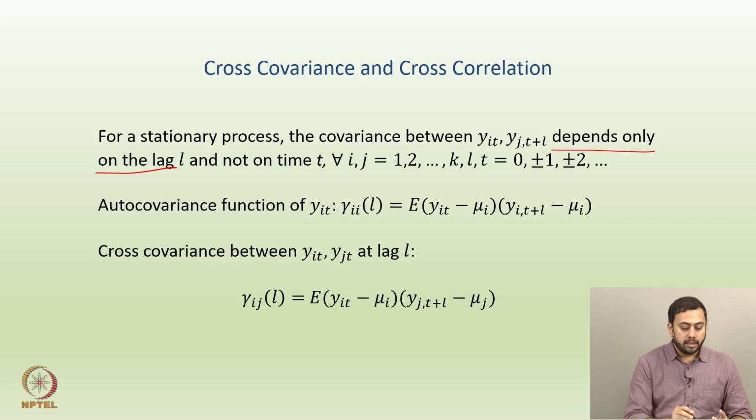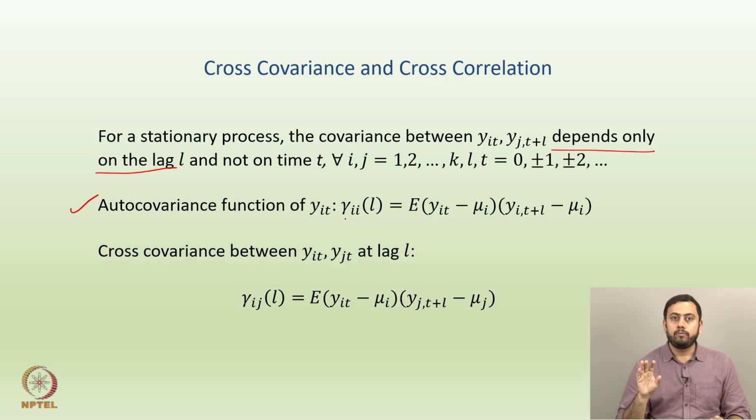Now, we can define these two entities. First, the autocovariance function of yit. The notation should be gamma ii at the lag L. Here remember one thing: when you are defining any covariance or correlation, there should always be some lag.